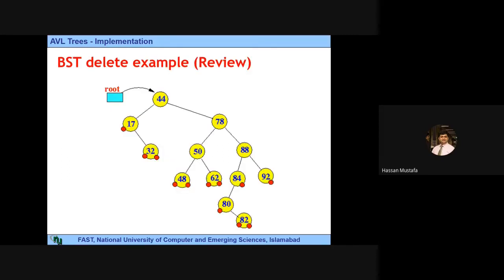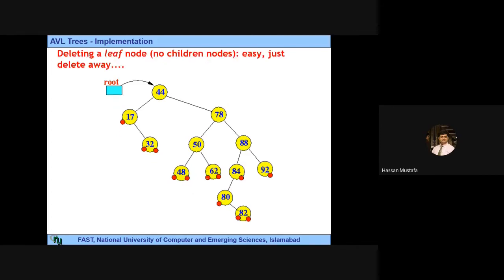It had 3 scenarios. The first scenario was that if you want to delete a node that has no children. For example, if we delete this node number 62 from this tree, this deletion as a BST deletion would only need me to change this right child of 50 to be null.